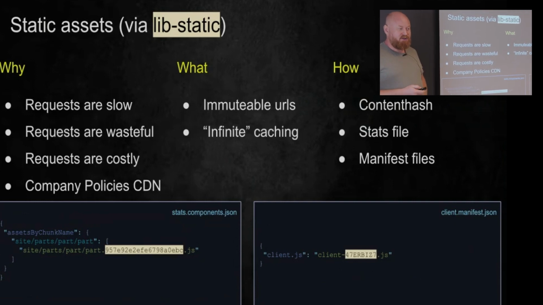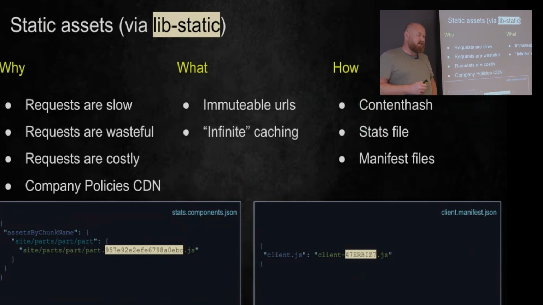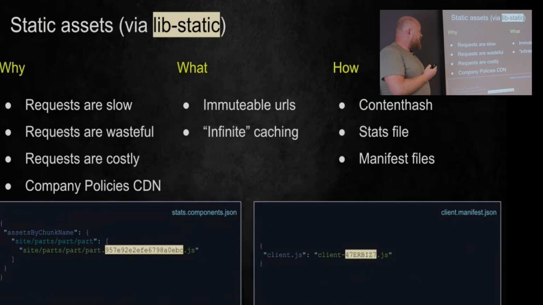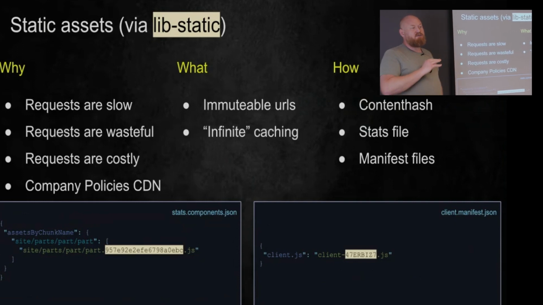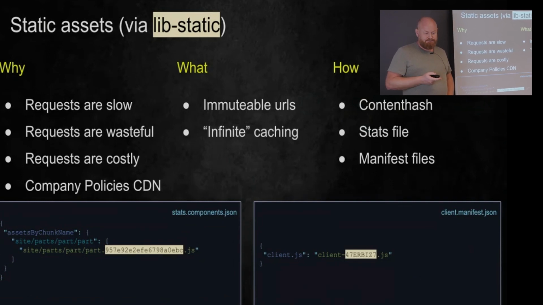So you don't want all your customers to download the same thing again and again and again, because that is costly. And there is also a fourth concern here. Some companies have a security policy which says that, okay, we are not allowed to host assets on a CDN. So now you can host it easily inside React4XP.